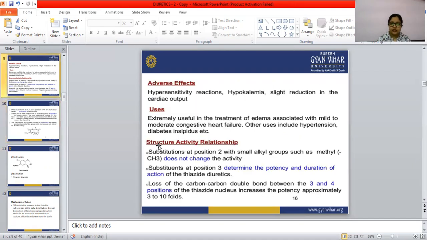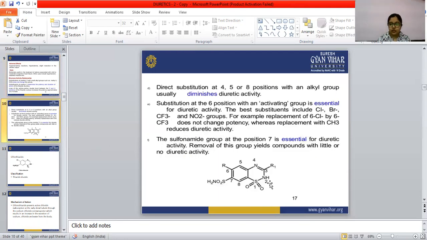Next, substituents at position 3 determine the potency and the duration of action of the thiazide diuretics. If we are substituting at position 3, that determines the potency of the drug.